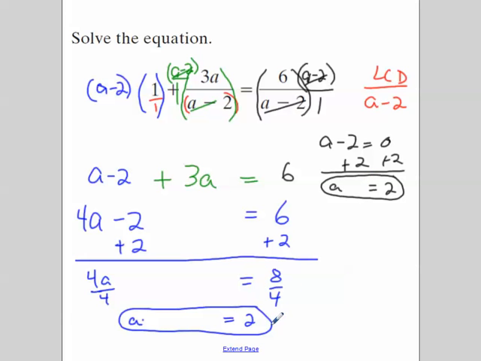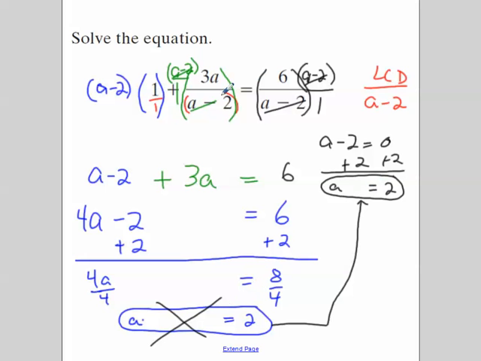But the only problem is that the solution we've come up with is a equals 2. And the problem we run into is that that's a restricted value. So if our solution is a restricted value, we have to throw it away. So that solution can't be put back into our original equation, because then we have division by 0. So therefore, a equals 2 as a solution is the only solution we came up with, but it doesn't work.